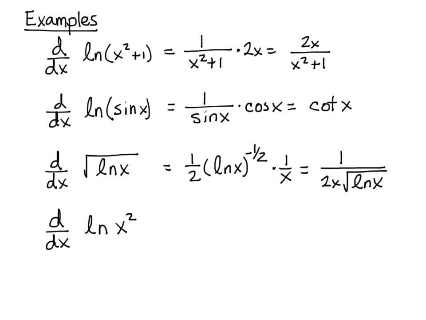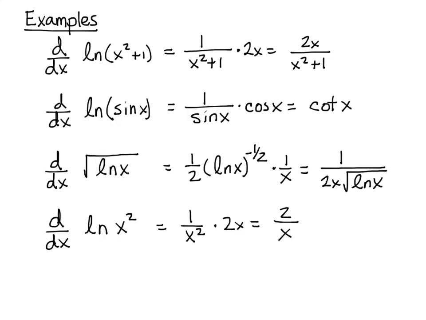Okay, so now this one we can do in one of two ways, and this little consequence of how we can do this in two ways is going to loom really large now. Okay, so if we just went about the way that we did the very first one, we're going to take the derivative of the log of x squared, meaning that's 1 over x squared times the derivative of x squared, and so that simplifies out to, excuse me, 2 over x.